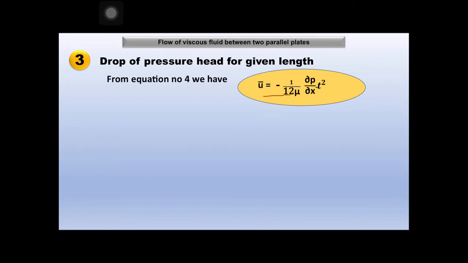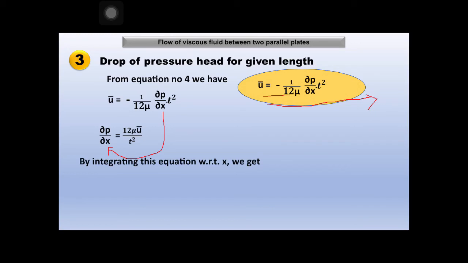This is the equation of average velocity between two parallel plates. We need to rearrange the terms so that delta p comes to the left side and it will be equal to 12 into mu into u bar divided by t square.